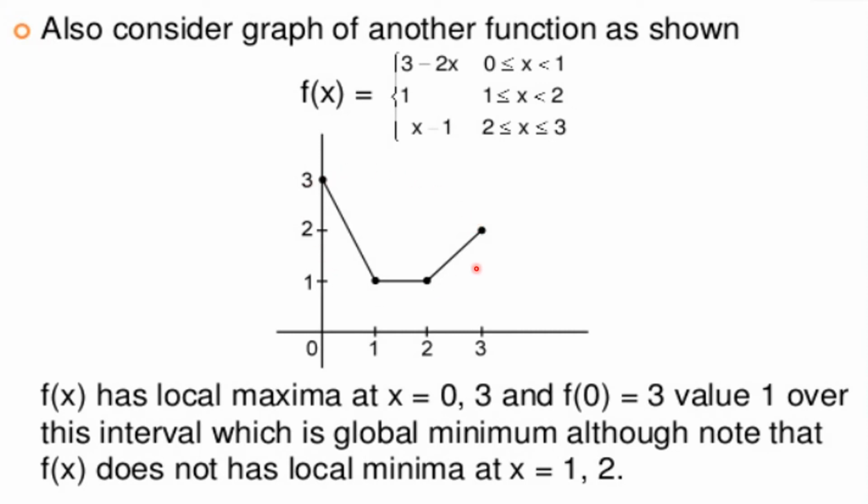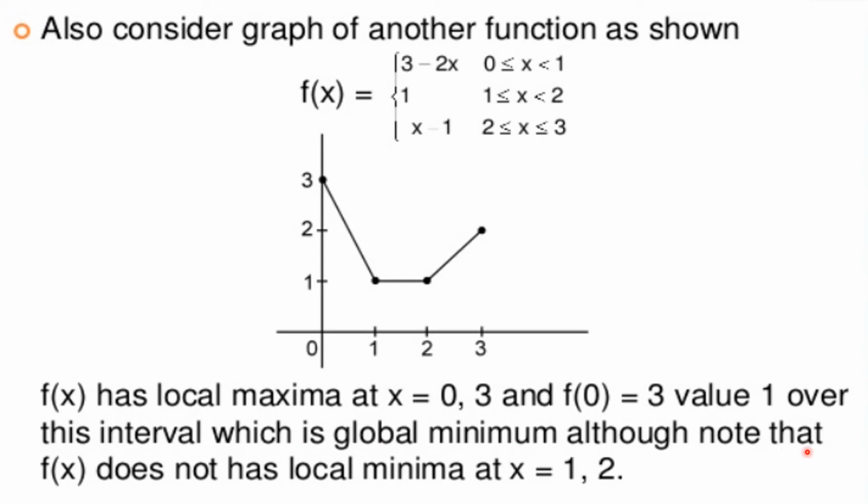By observing this graph, at x is equal to 0, it has a local maximum. At x is equal to 3, it also has a local maximum. F has a local maximum at x is equal to 0 and 3. And f of 0 is equal to 3, the value over this interval, which is the global maximum.